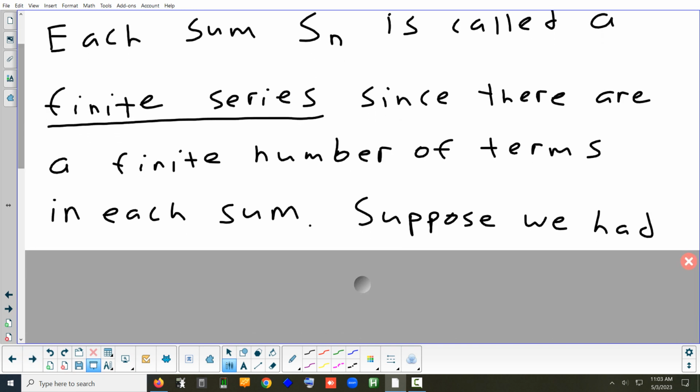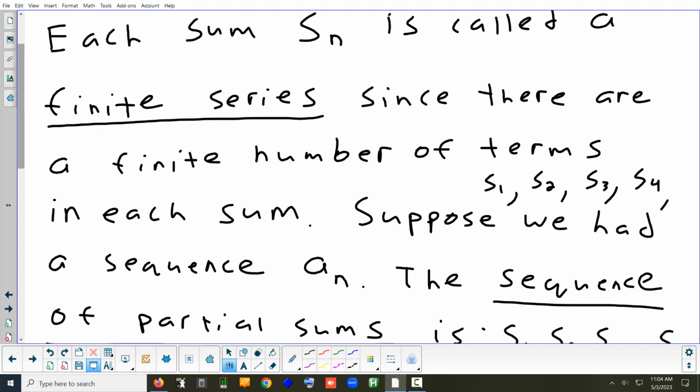And the next part, actually, we already did. If you take all these S sub n's and you start writing them with commas between them, like S sub 1, S sub 2, S sub 3, S sub 4, what you're creating now is a sequence where each number in the sequence is a sum.